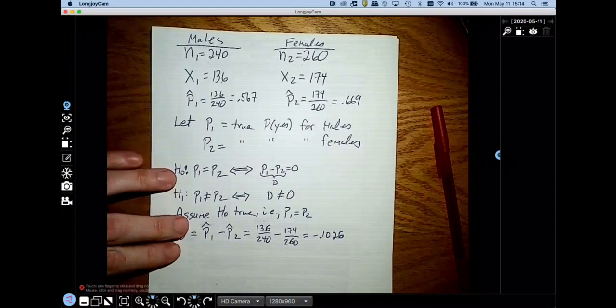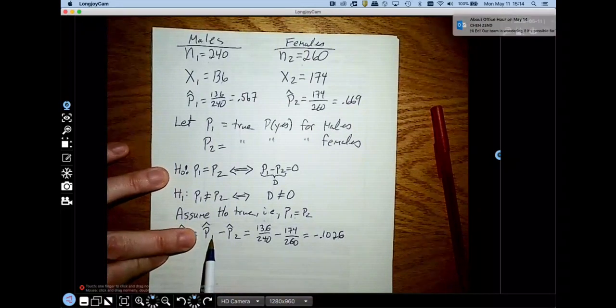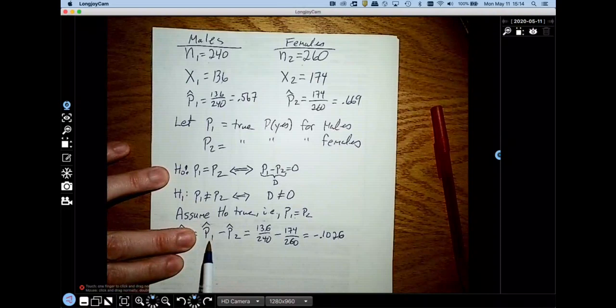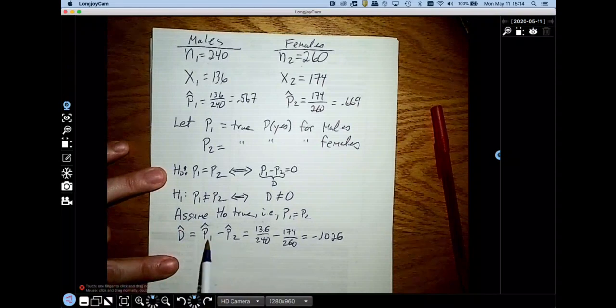What's important to note is that p hat 1 is approximately normal, and the reason we know that is because of the normal approximation of the binomial. P hat 2 is also approximately normal. So if I compute the difference between two approximately normal things, I get something that's also approximately normal.